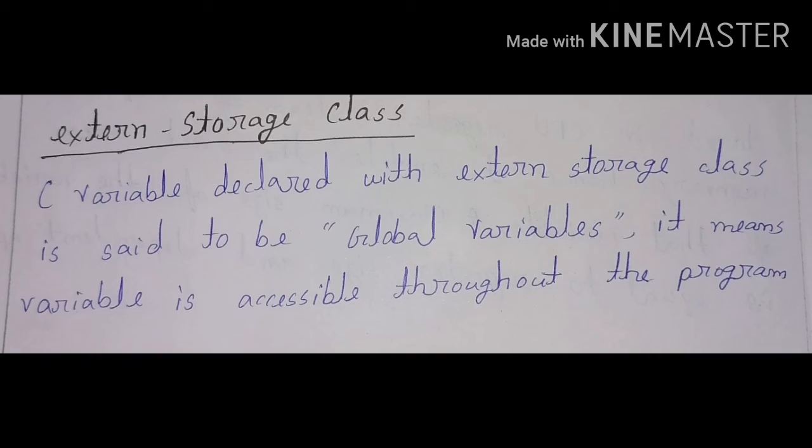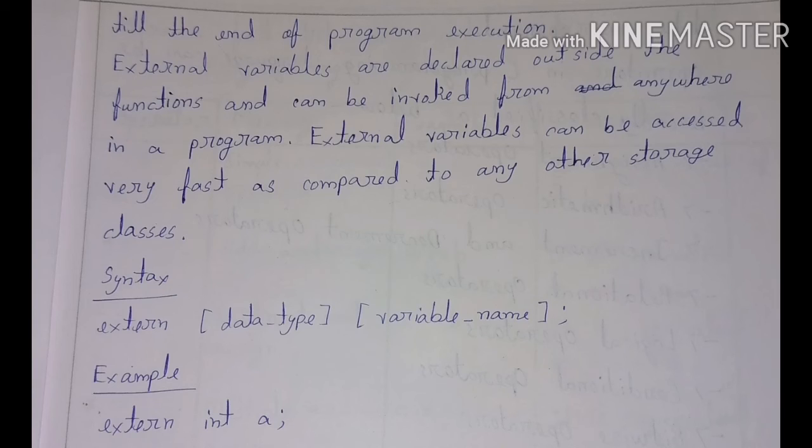What is external storage class? A C variable declared with external storage class is said to be a global variable. It means the variable is accessible throughout the program till the end of the program execution.